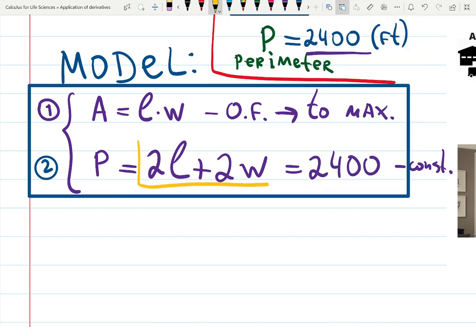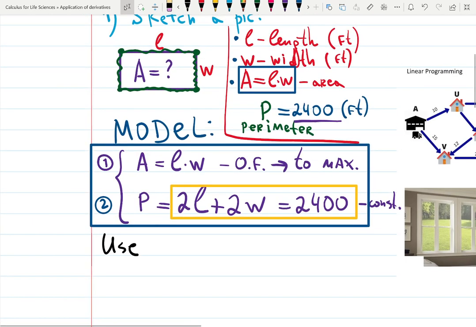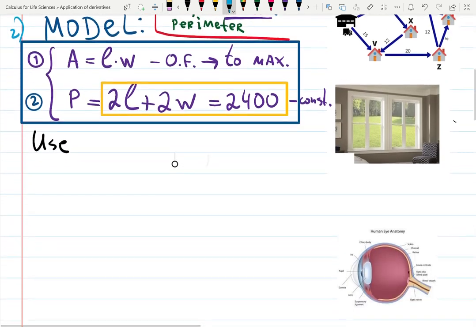equation number 2. I'll put it in the box. So let's do it like this. Step 1, sketch a picture. Step 2, build a model, writing down all the variables.